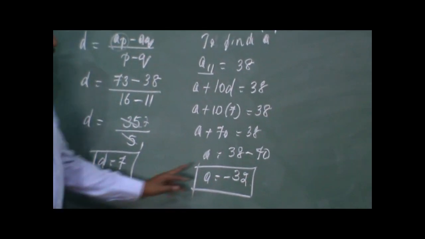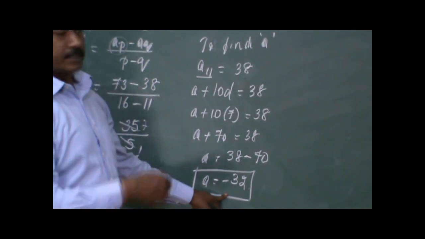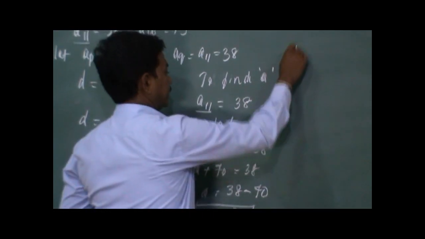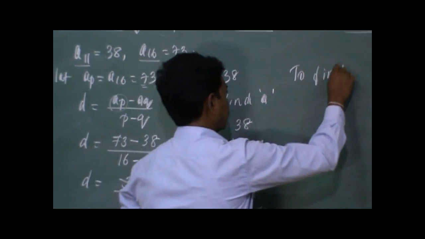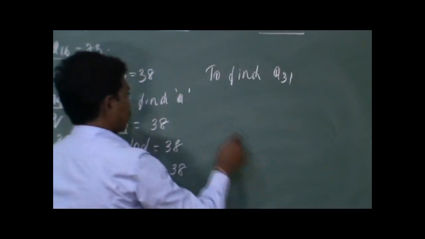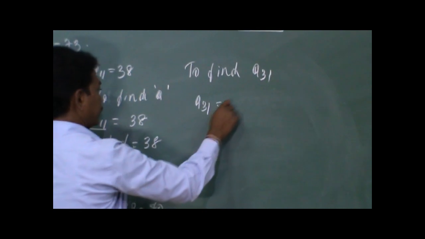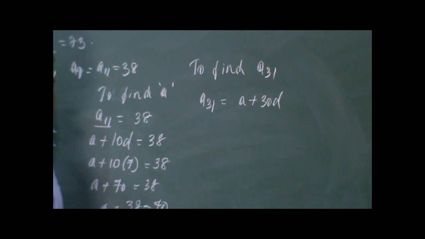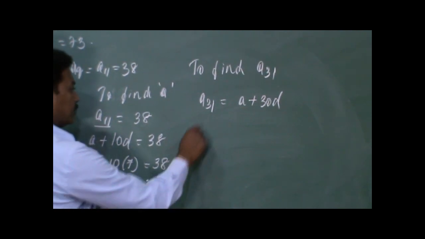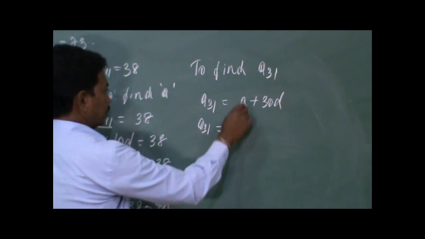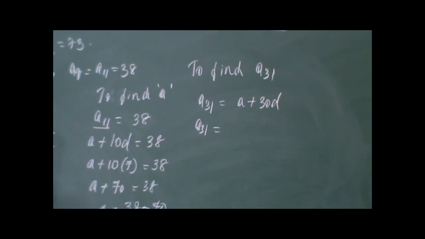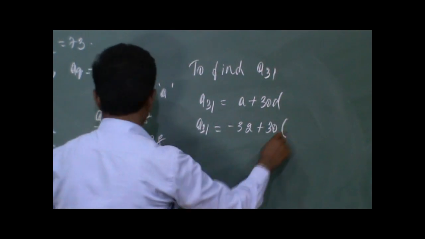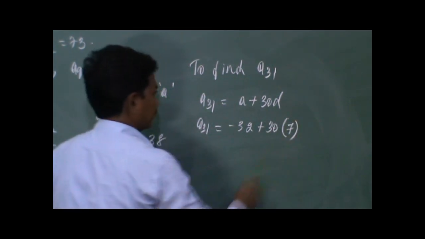So we have the D value, we have the A value. You can just find the required term, that is the 31st term. To find A31, A31 can be defined as A plus 30D according to the theory of arithmetic progressions. So A31 is equal to the A value, minus 32, plus 30 into the D value, 7.